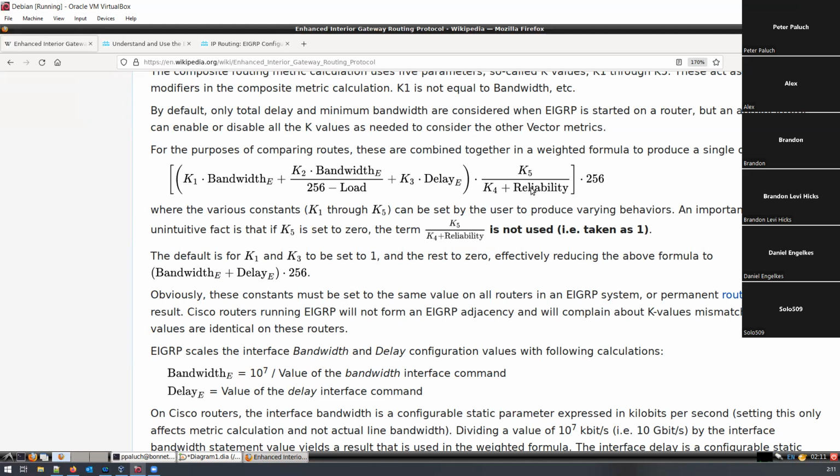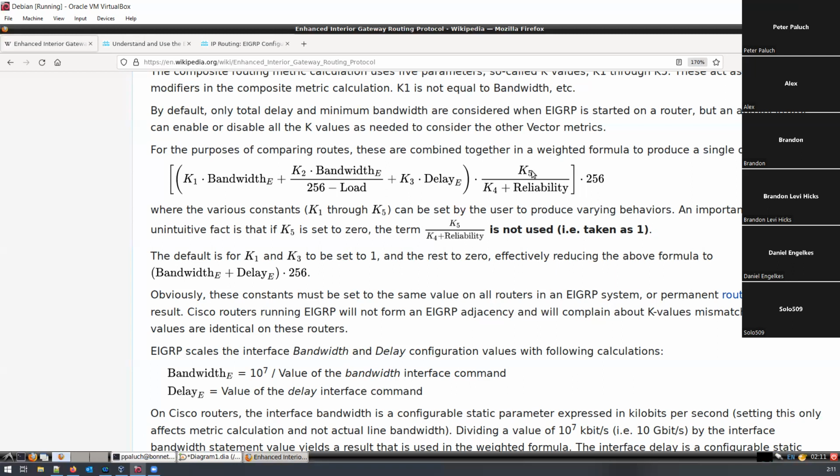What comes into this formula, aside from these truly 4 parameters, bandwidth, load, delay, and reliability, are constants called K1 through K5. These are called the K values, and essentially they are weights.